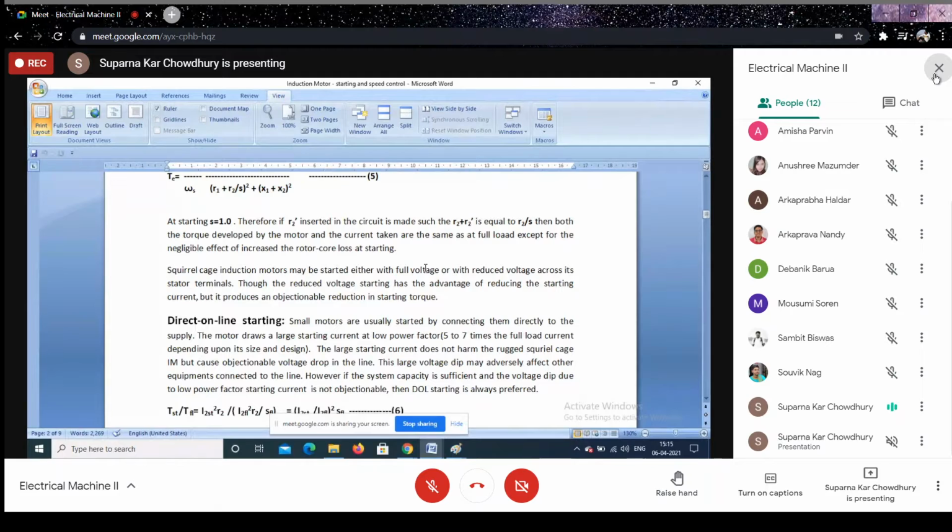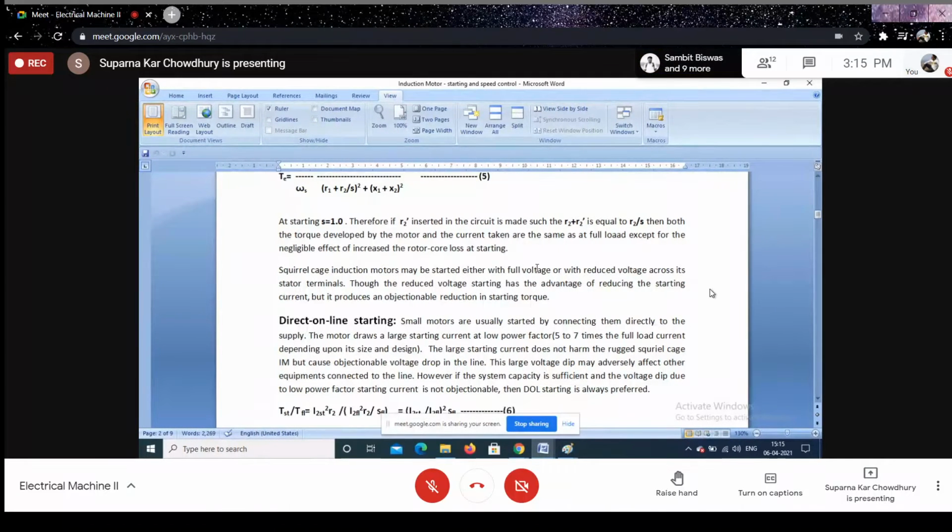So the inductance effect will be quite high, and that makes the current distribution uneven. The current will tend to flow through the low impedance path, through the outer portion of the conductor, so that the inductance is less. So the effective conductor area reduces, increasing the resistance.